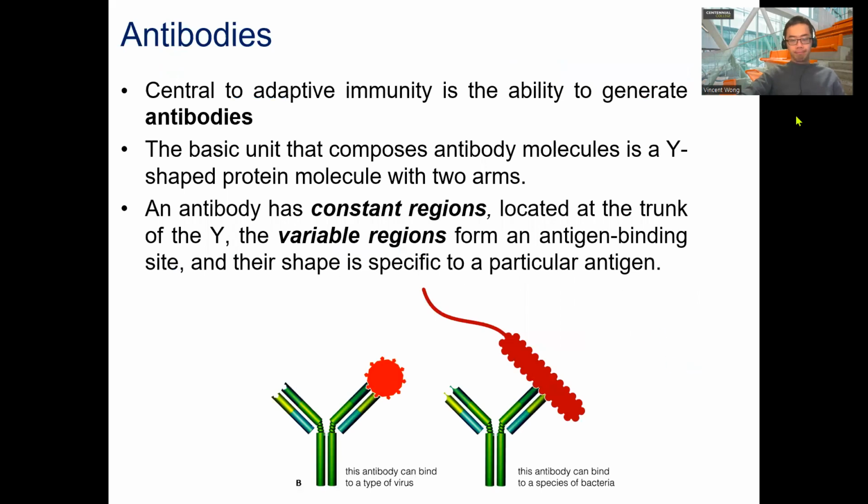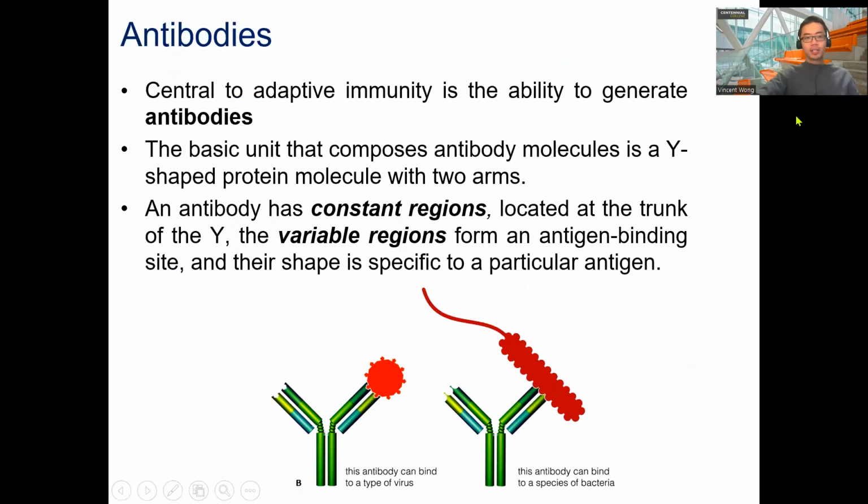The ultimate weapons that we have against pathogens are basically antibodies. Okay, that's the whole point of the adaptive immunity. It's to create antibodies that would attack the invading pathogen. And the antibodies, as you probably remember, are created by the B cells, right? Okay, so each antibody is going to have a Y shape, right?